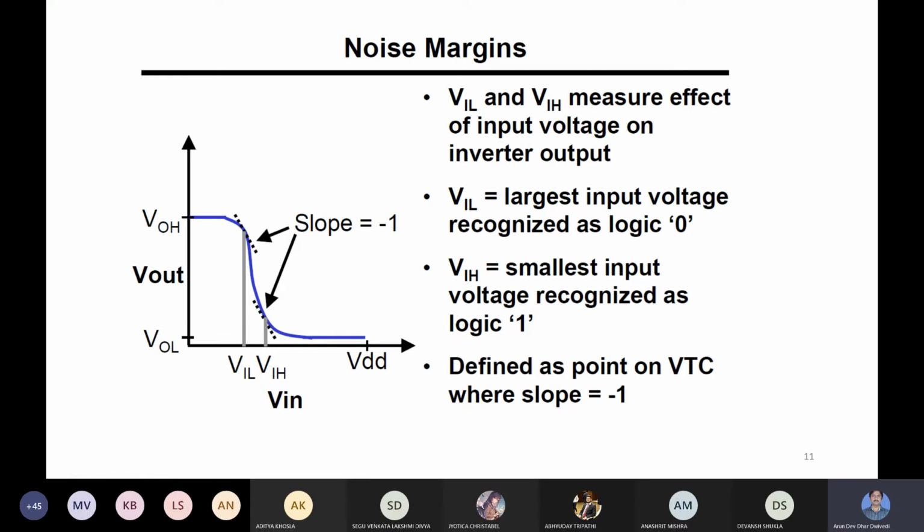And then VIL and VIH decide where gain is less than 1.